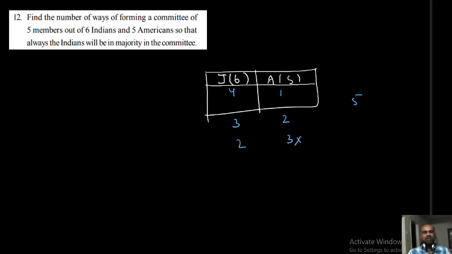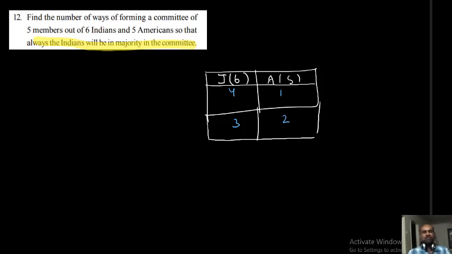This won't happen because what is the condition here? Always Indians will be the majority in the committee. That's why you need to exclude this situation. So only 2 possibilities. What are they? 4 Indians and 1 American, or 3 Indians and 2 Americans.